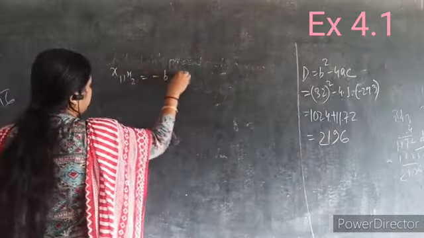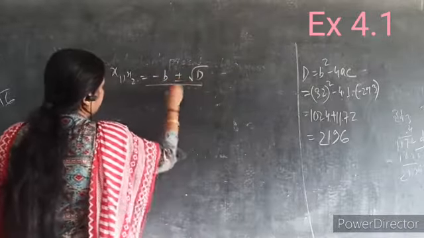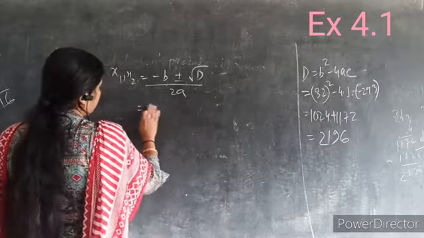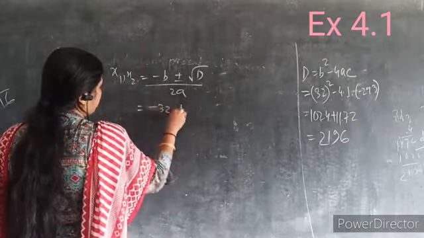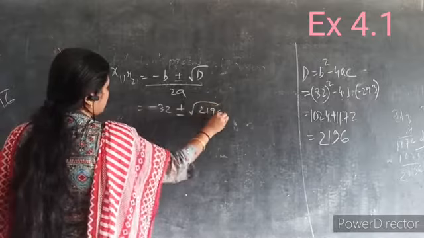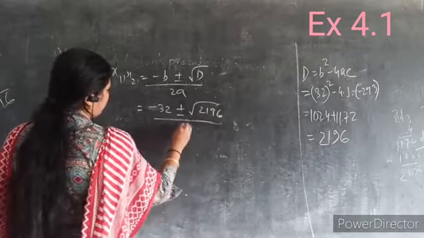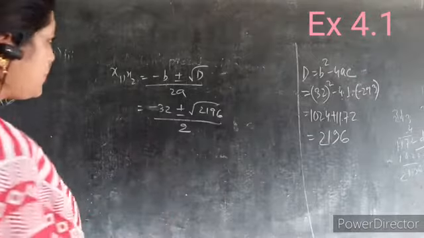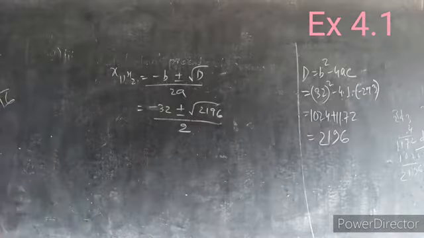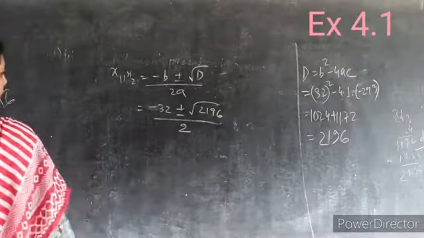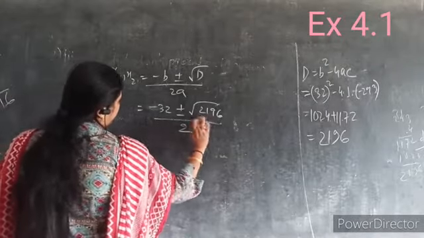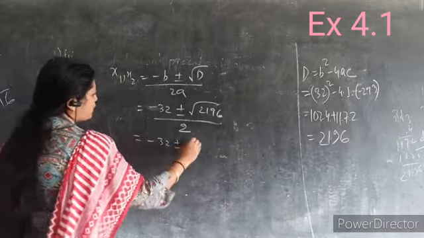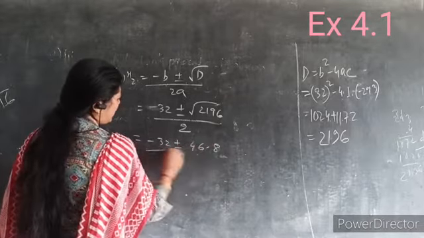Okay, so what is the equation? That is minus b plus minus root of b square minus 4ac upon twice a. So minus b is minus 32 plus minus root over 2196 upon 2, because the equation was x squared plus 32x minus 293 equal to 0. If you find this, you will be getting minus 32 plus minus approximately 46.8 by 2.